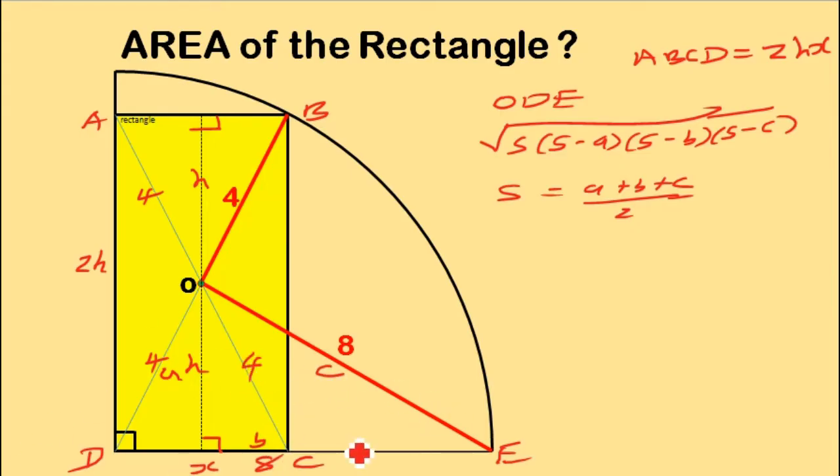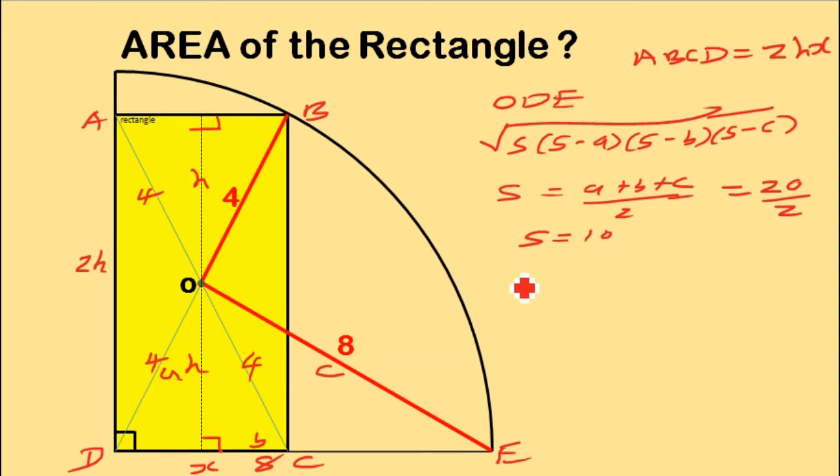So S is half of that perimeter, which is 4 plus 8 plus 8, which is 20. So S is going to be 20 over 2. So you get S to be 10.